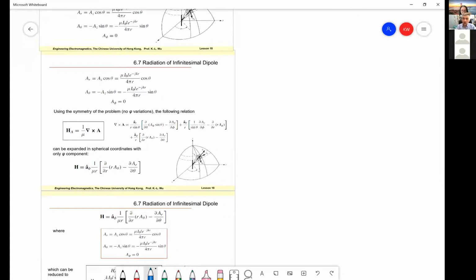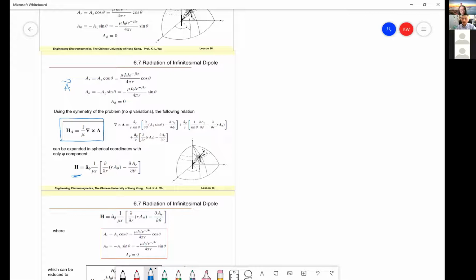Then we find the vector potential A in the spherical coordinate system. Then we use one of the relations between the magnetic field and the magnetic vector potential function A. We can find the magnetic field H. This H is created by the current on the antenna.